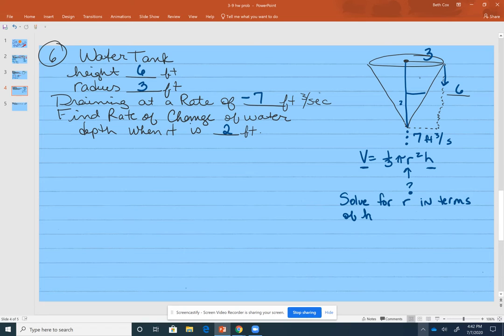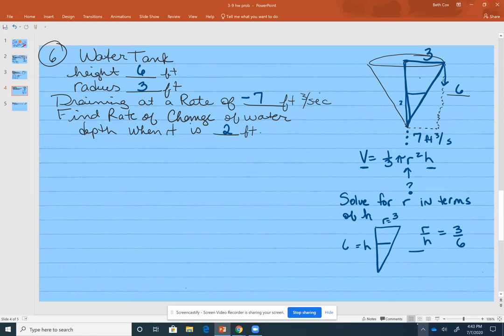And the textbook is saying let's use similar triangles to do this. Okay, so here's the similar triangle that we're looking at. It's right here. This is R and this is H. And R was 3 when H was 6. And so that means R over H is 3 over 6, no matter what R and H are going to be.